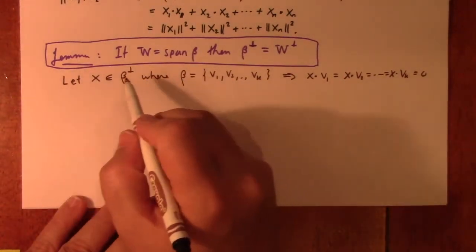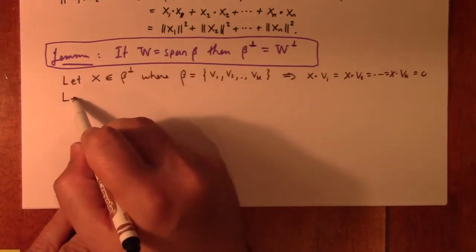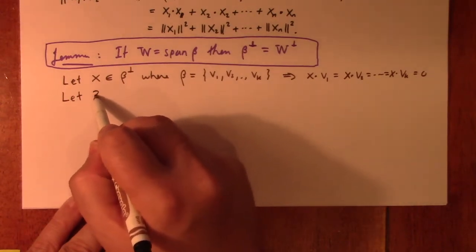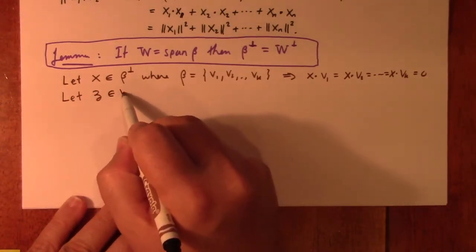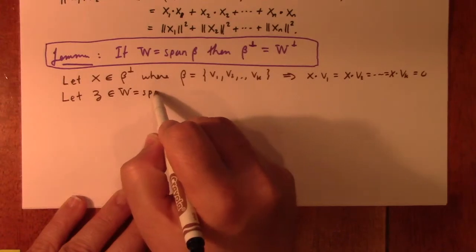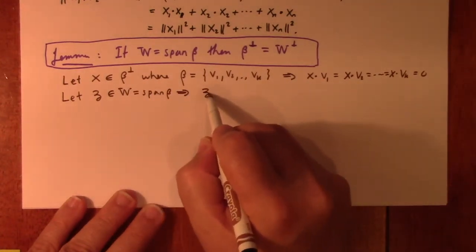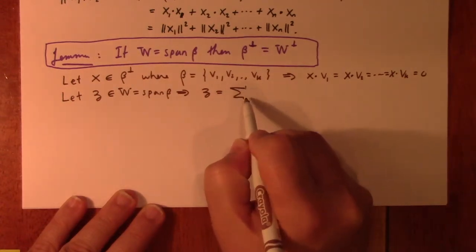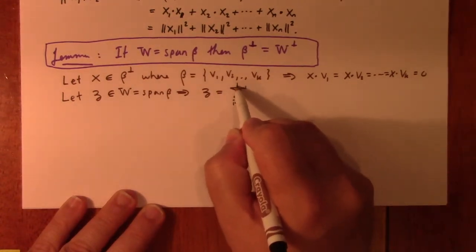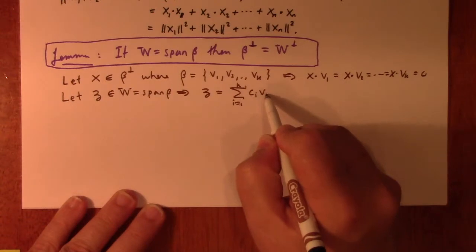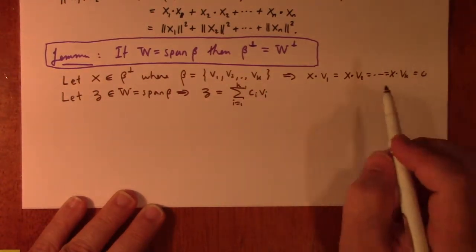So let's suppose that z is an element of w, which is, by the way, the span of beta by assumption, then that implies that z is equal to the sum from i equals 1 to k of ci vi, right?